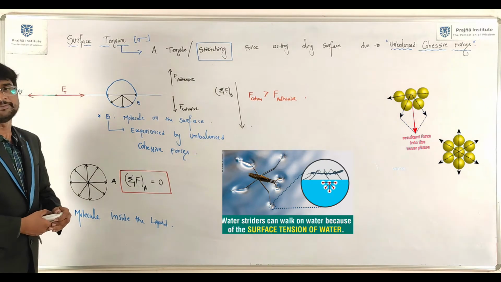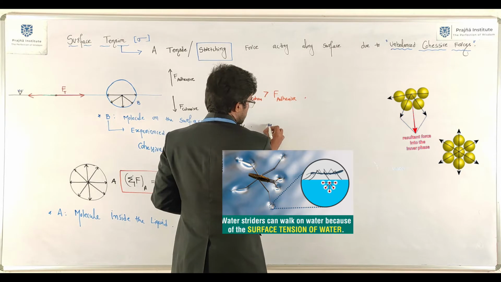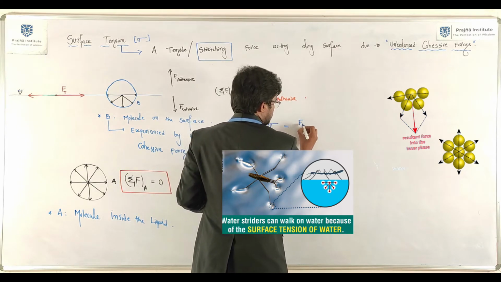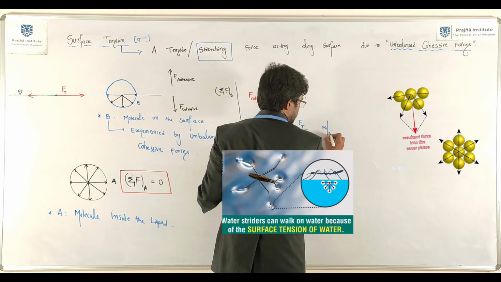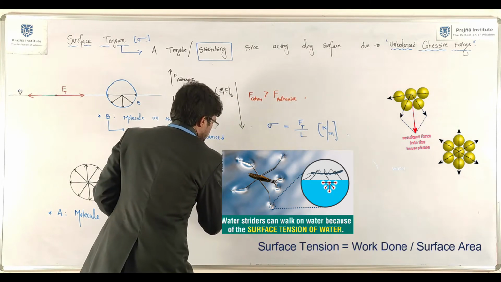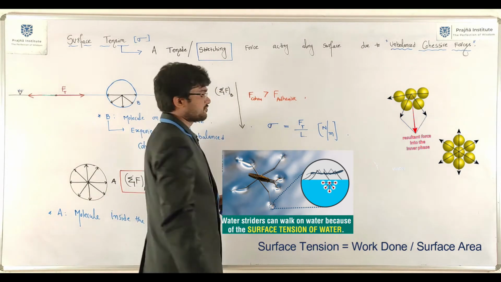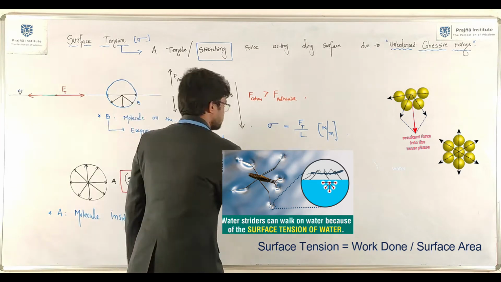Surface tension. The unit of surface tension is force per unit length, Newton per meter. You can also define surface tension as work done per unit area.